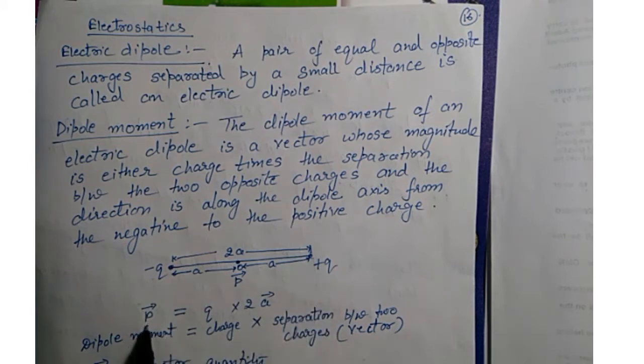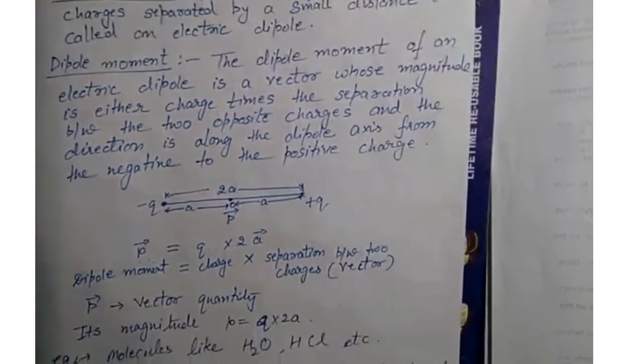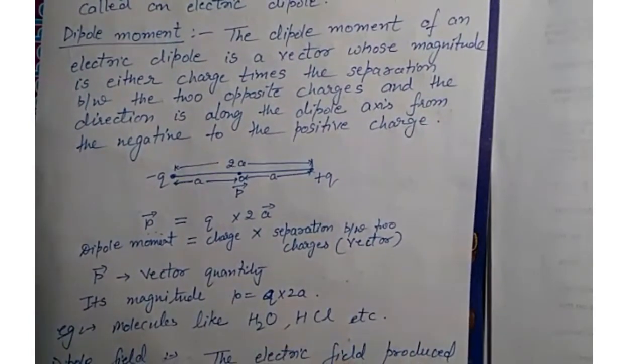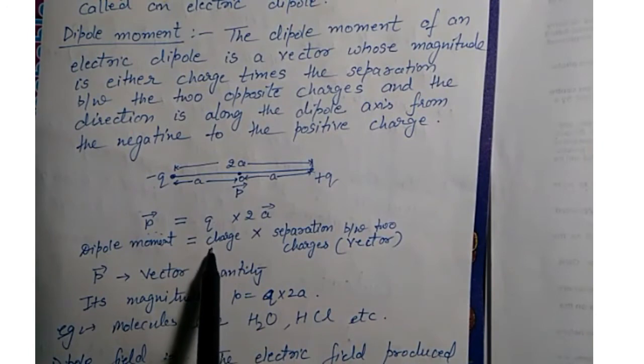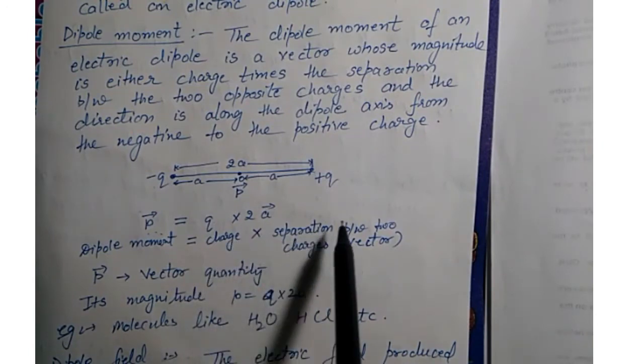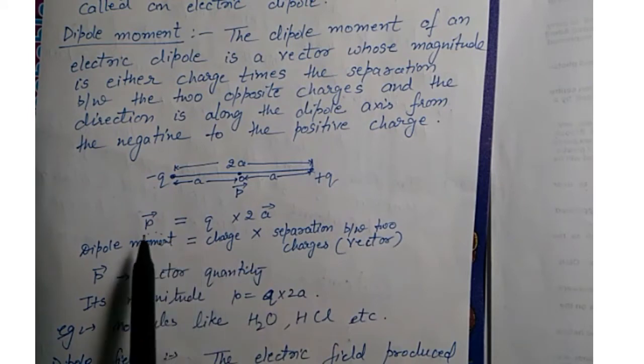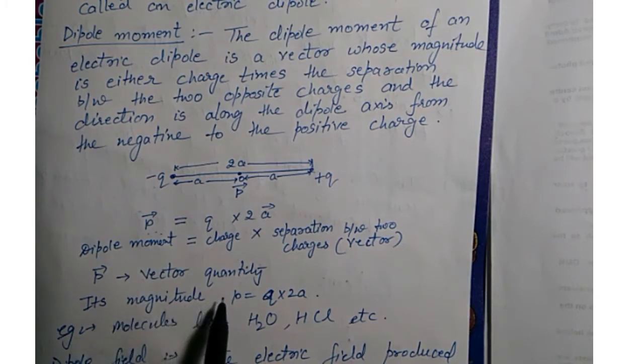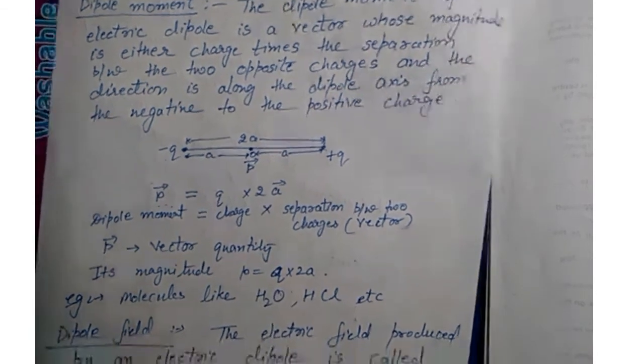Hence, the dipole moment for a given dipole is defined as the magnitude of charge and the separation between the two charges. This dipole moment is a vector quantity, hence its magnitude is p equals q into 2a, that is, dipole moment equals charge into the separation.